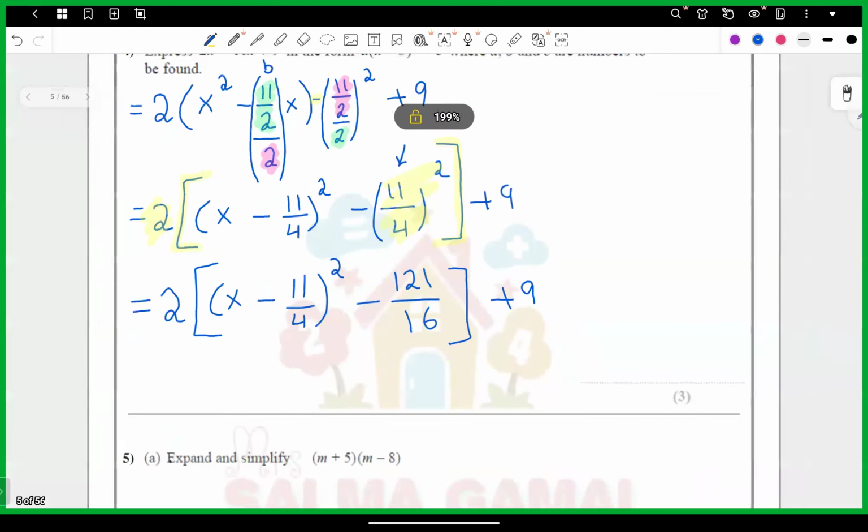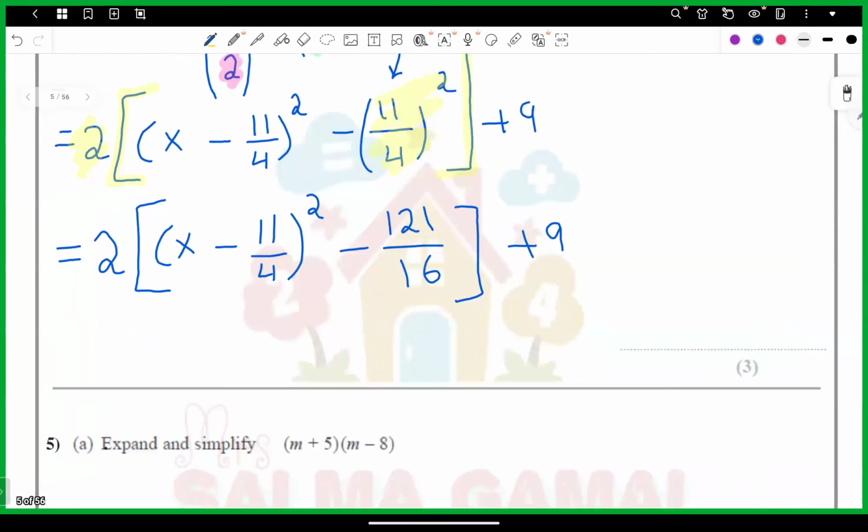When you multiply 2 by this, I will do cross simplifying, so 16 divided by 2 equals 8. And then I have to cancel this bracket and bring down number 2 beside the small bracket only, this one.